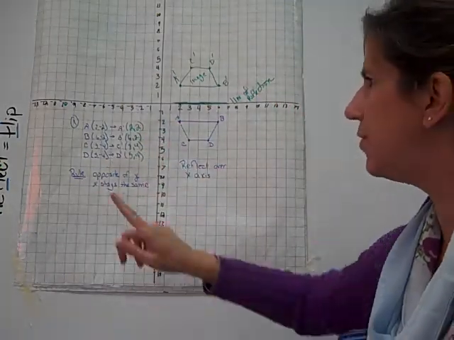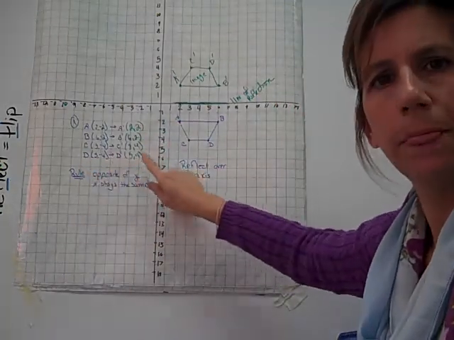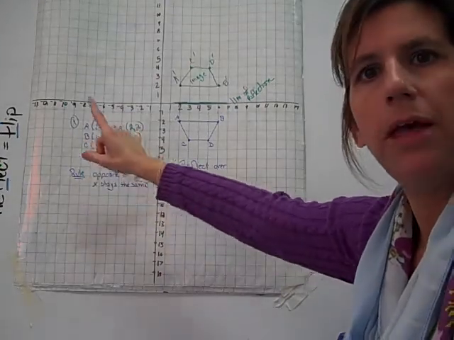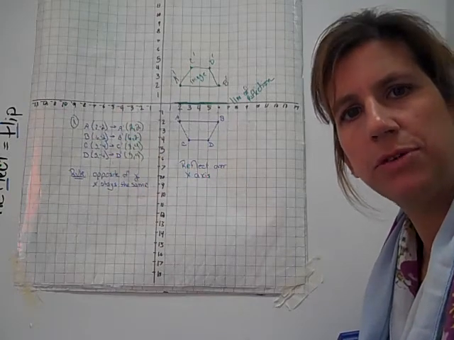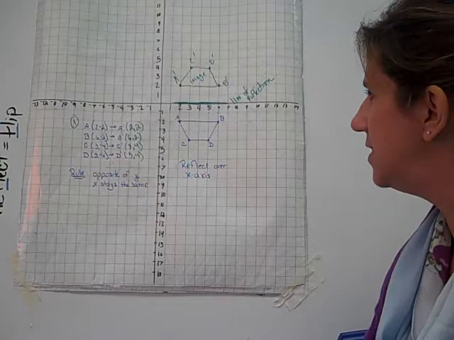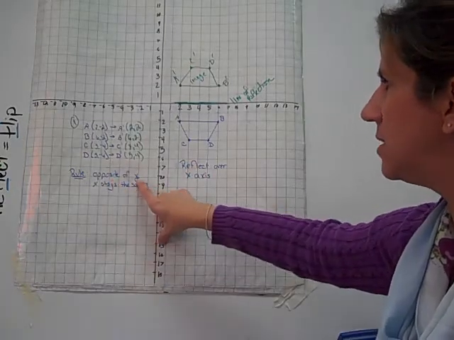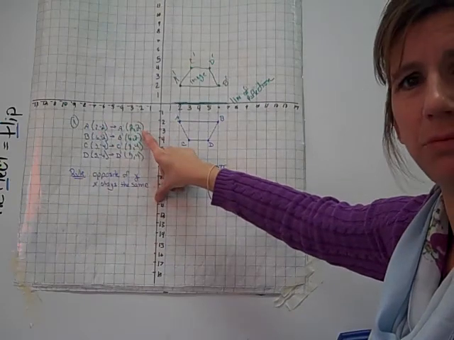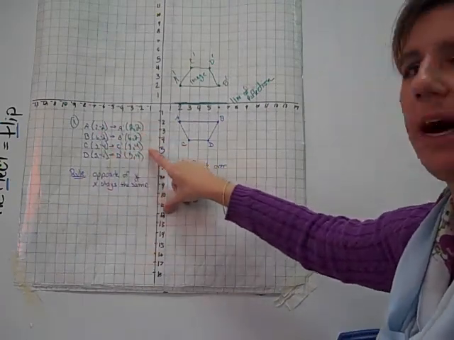Pause the video and see if you can find a pattern going in between D and D prime, B and B prime, A and A prime. Did you notice that the opposite of Y here, it was -2 and now it's +2? It was -4 but now it's +4.